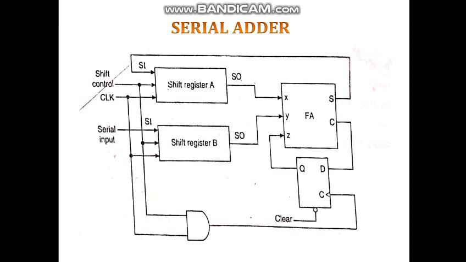That serial output is applied to the full adder. The full adder has three input pins, X, Y, and Z. X is given from the first shift register, Y is given from the second shift register, and the remaining Z is given from the output of the D flip flop.